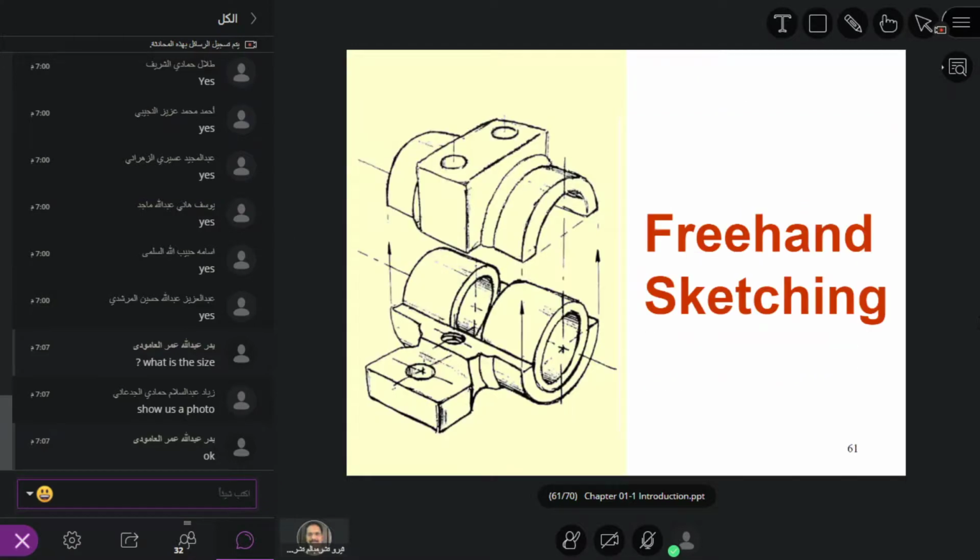And then, okay, so that's all for the basic requirements, or as you say, an introduction to engineering drawing. So we have finished that basic introduction, or the information you might need.